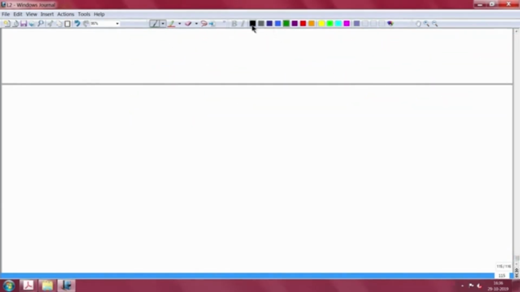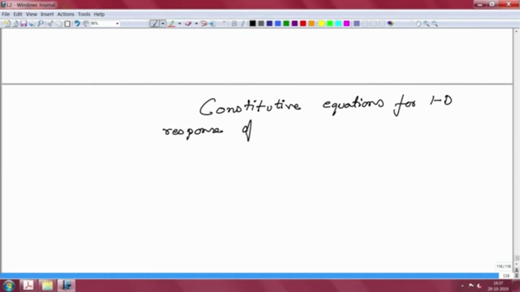What we want to do now is look at constitutive equations for 1D response of viscoelastic materials.